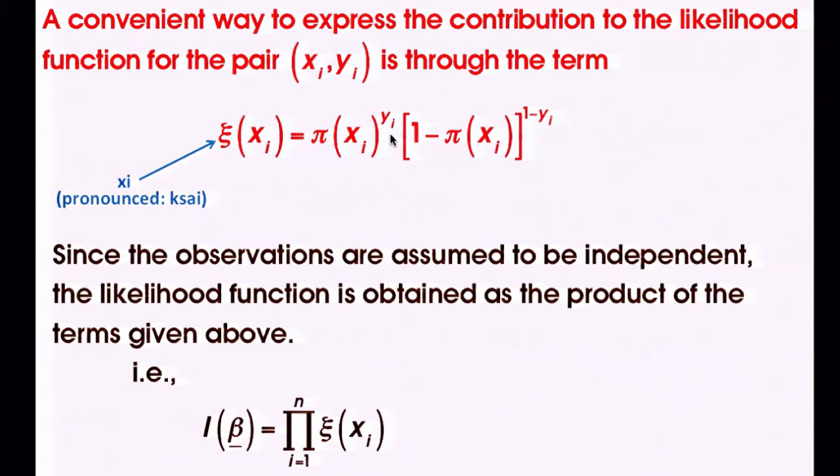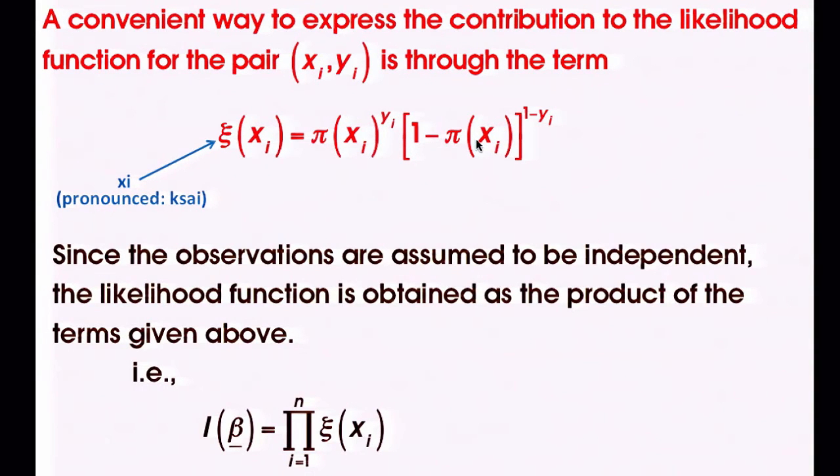So, for example, if the individual has y equal 1, that is, the individual has CHD, then you have pi of x to the first power, 1 minus pi of x to the 1 minus 1 or 0th power, so that's just 1. So if the individual has y equal 1, then the contribution to the likelihood is pi of x. If the individual has y equals 0, then the first term is to the 0th power, this is 1, so their contribution to the likelihood function is 1 minus pi of x.